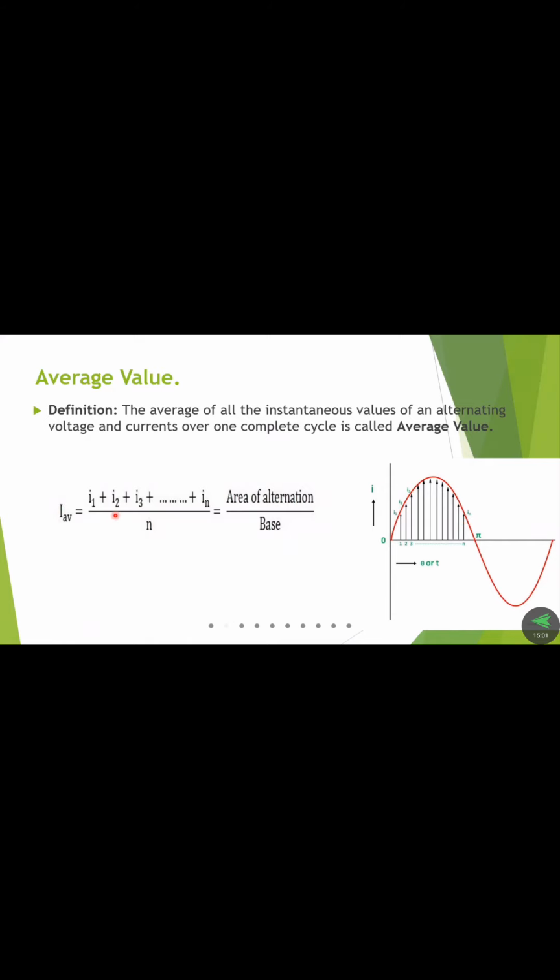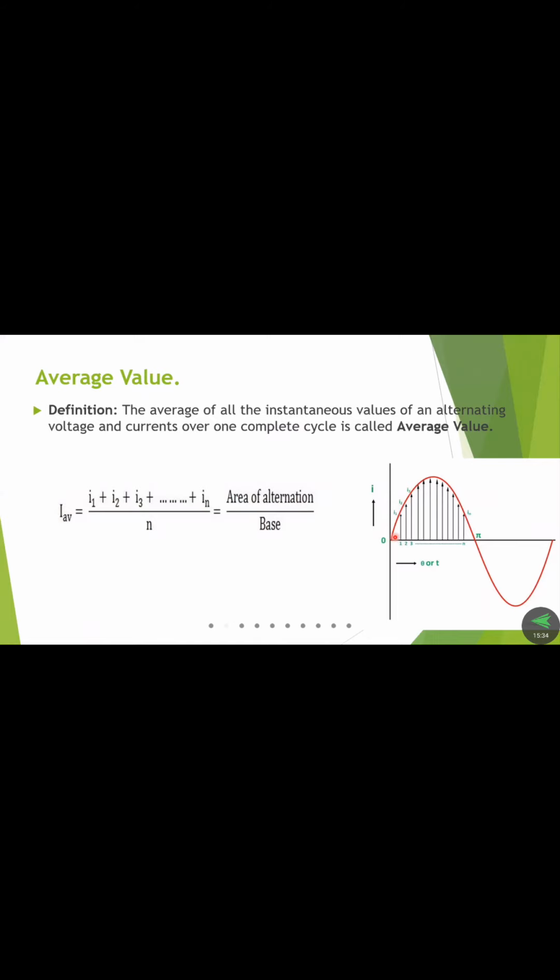The formula is I average equals the summation of all currents divided by the number of parts, that is I1 plus I2 plus I3 up to IN, divided by N. Simply, it is the area of alternation by base. This is called the base.